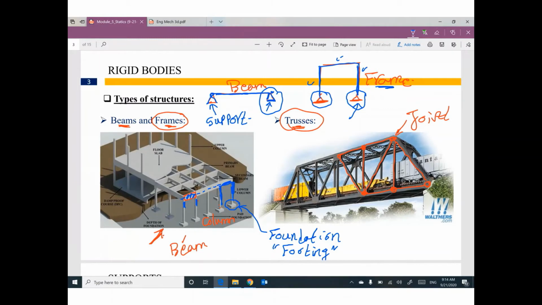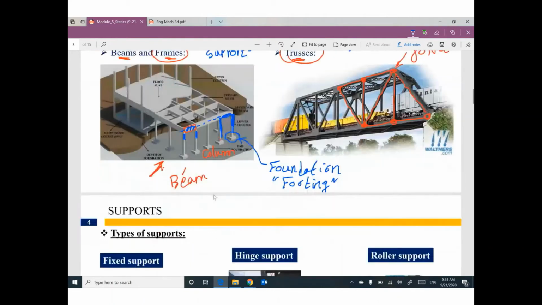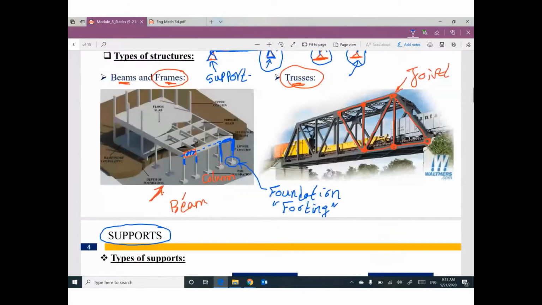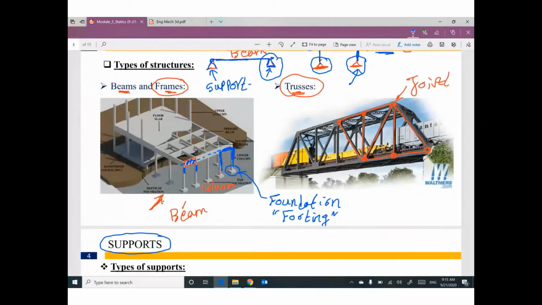You got it? So today we will talk about something very important, which is called supports. Supports in real life mean something supporting your structure. Probably this support can be a column supporting a beam, or a foundation supporting a column.